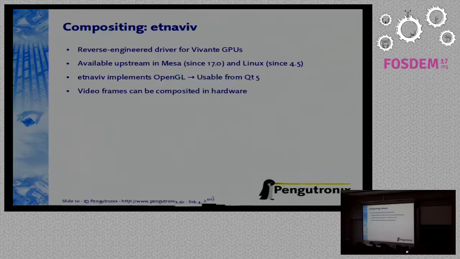It's available upstream in Mesa since version 17 and in Linux since Linux 4.5. It implements OpenGL, of course, and therefore we can just use it from Qt. And we can composite our user interface and especially the video frames in hardware, which is really usable because we don't want to do that copying in software.